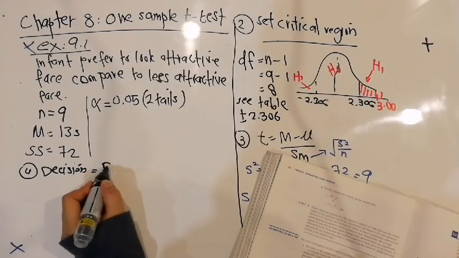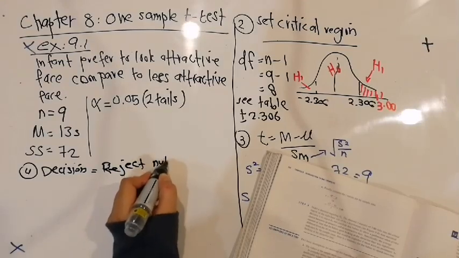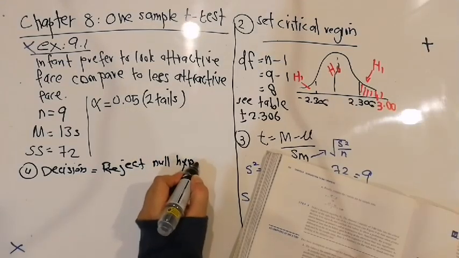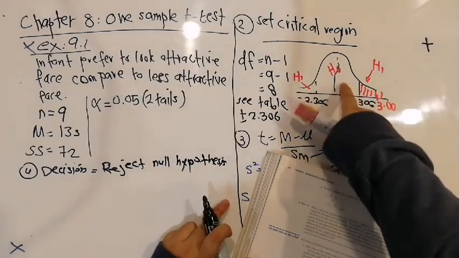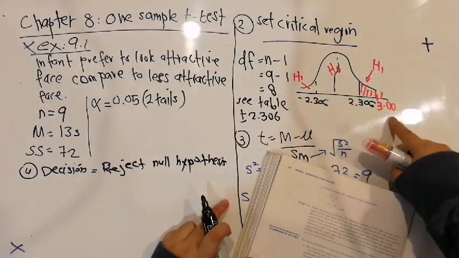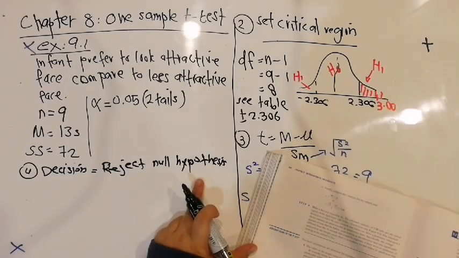Reject the null hypothesis. Correct. Reject, because the null hypothesis is in the middle, but the answer is in H1, which is reject the null hypothesis.